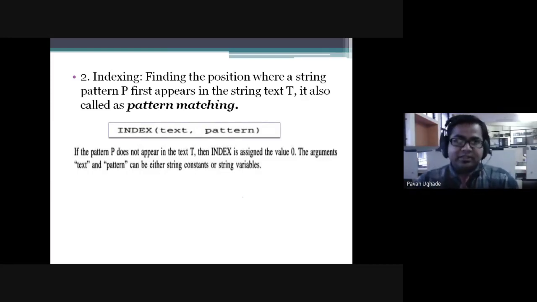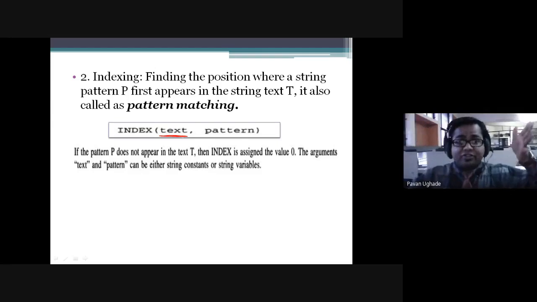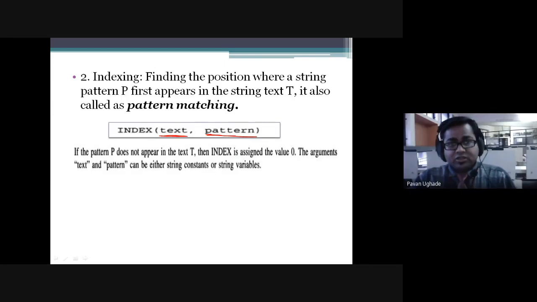We'll see two parameters here. One of them is the text, the given text from which you have to search. Another is the pattern that you are looking for. Here there are two notations I will be considering, p and t.